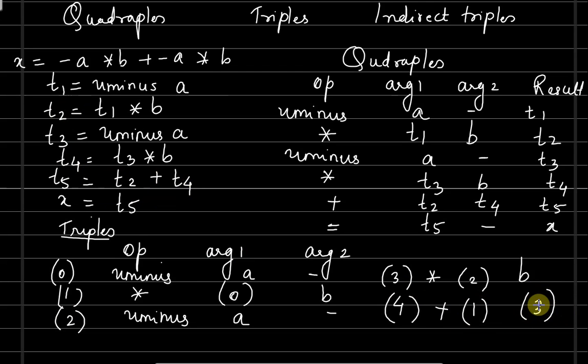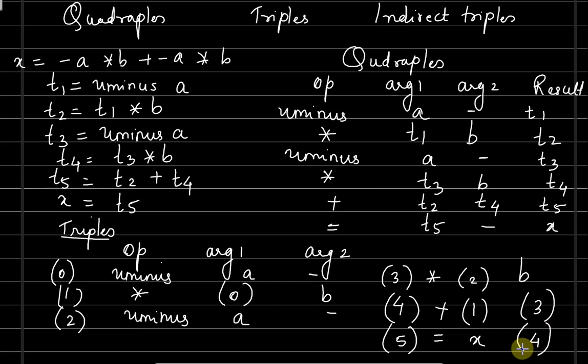And finally, you have X is equal to T5. In this case, I'll just number this as 5. Operator is equal to. Argument 1 is X and argument 2 is T5. T5 is computed at which point? 4.